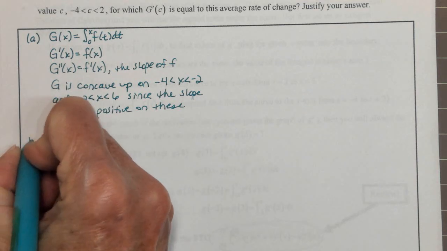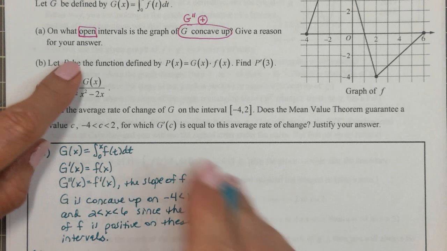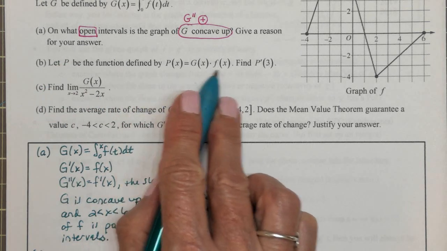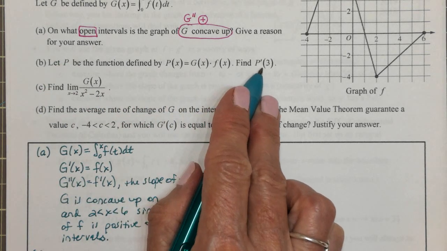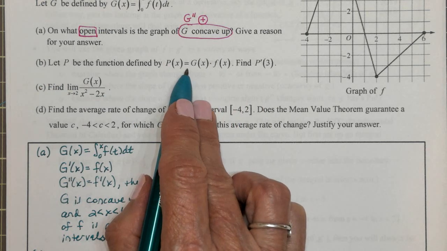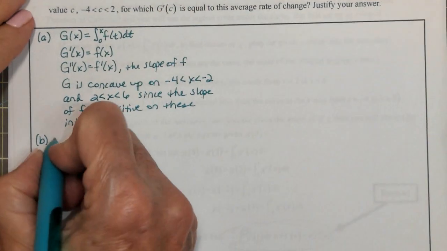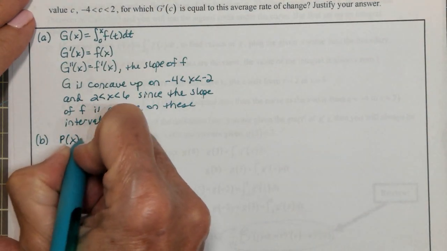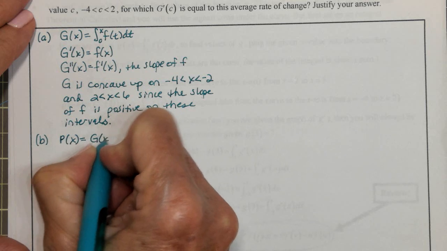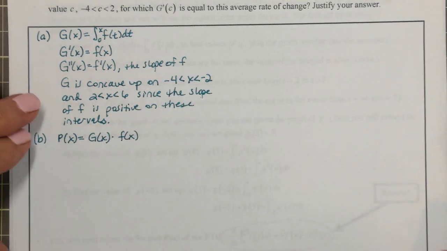All right, part B. Let P now be this function. Find P prime of 3. They're just giving me an order, so I'm going to do what they tell me to do. So P of X, they tell me, is G of X times F of X, and I want P prime at 3.